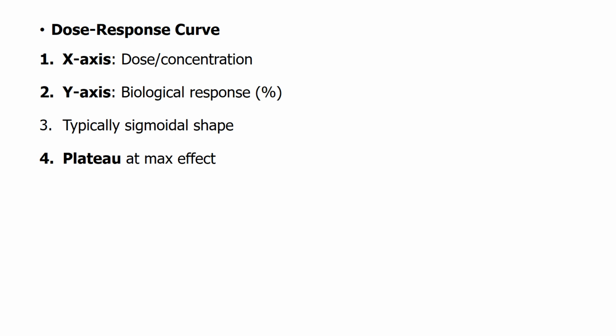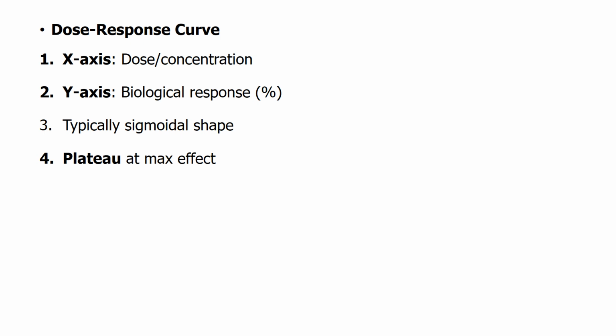Mention was made also of the dose response curve. It was mentioned that such a curve contains the x-axis and the y-axis. The x is the dose or concentration domain, y is the biological response domain.